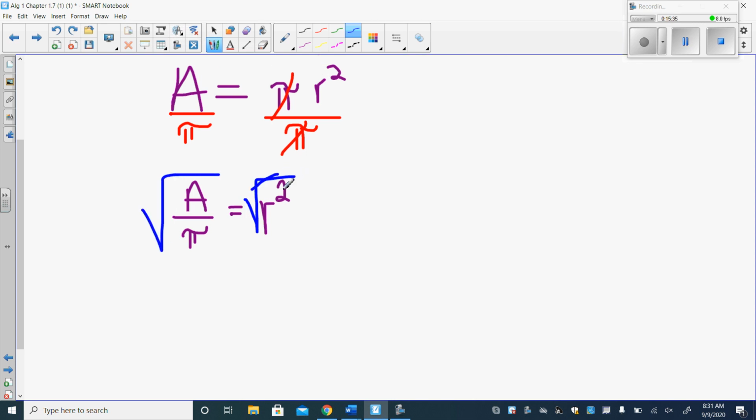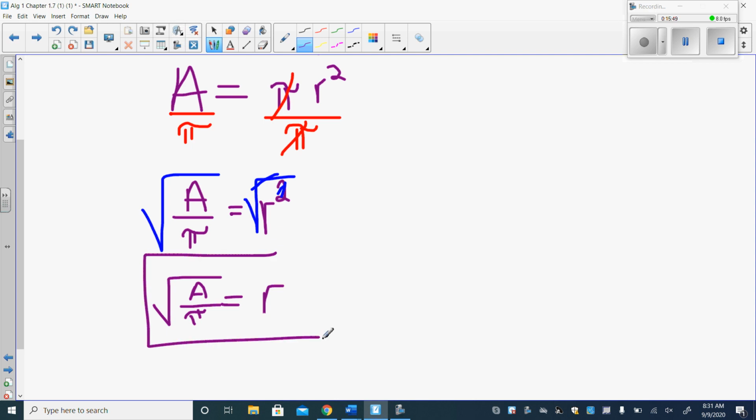Because a square root and square will cancel out, leaving us with just r. And on the other side, we have the square root of a over pi. And that's our answer. That was a little bit more complicated because we had to do a square root. But other than that, we're still trying to get the variable by itself.